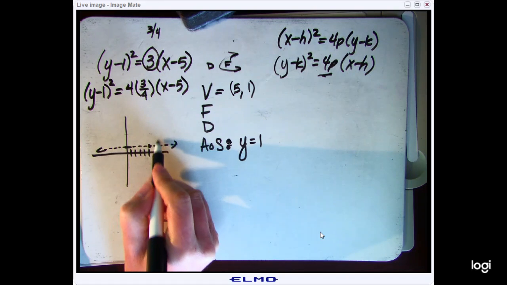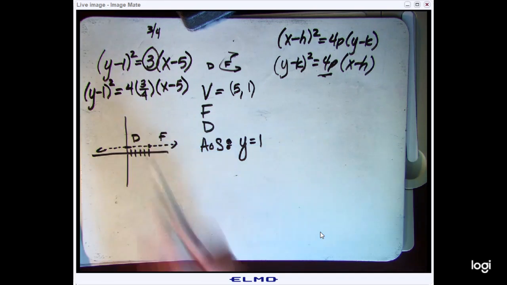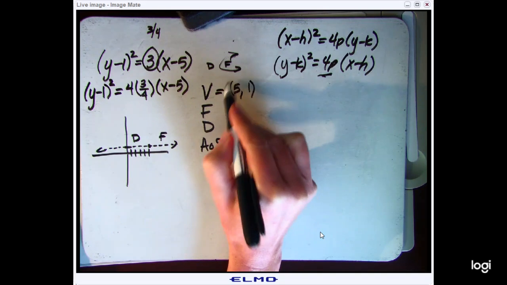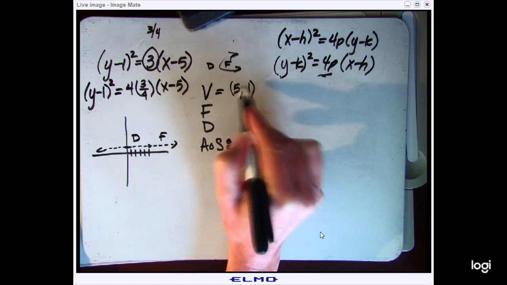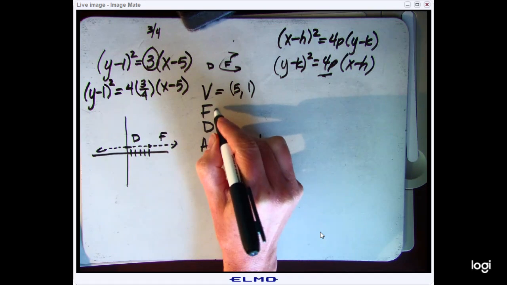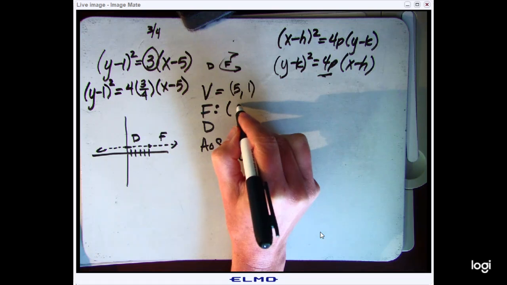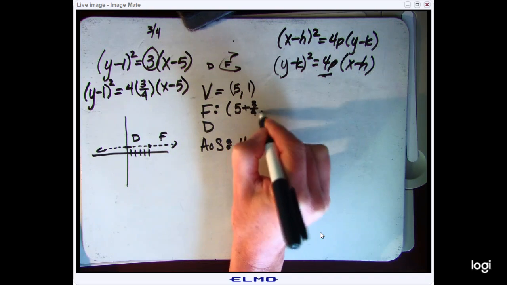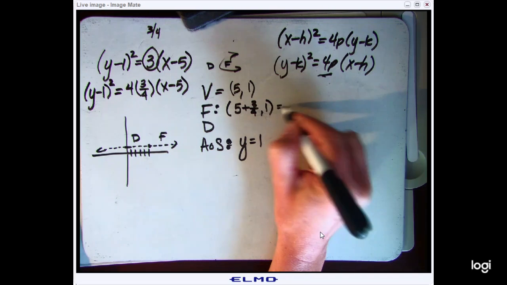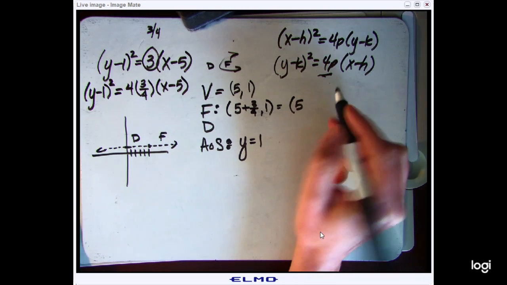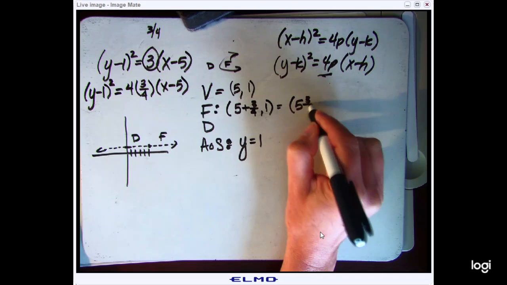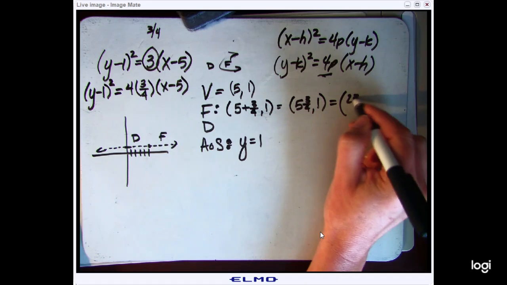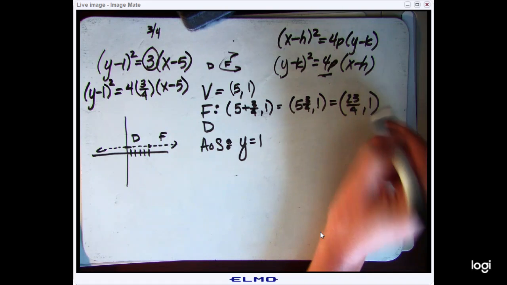All right, let's figure out that focus and the directrix. Focus is this way, directrix is this way, so we're moving on the x-axis, right? So we're going to be adding and subtracting to that x value. So my focus is (5 plus 3/4, 1), which is (5 3/4, 1), or that would be (23/4, 1).